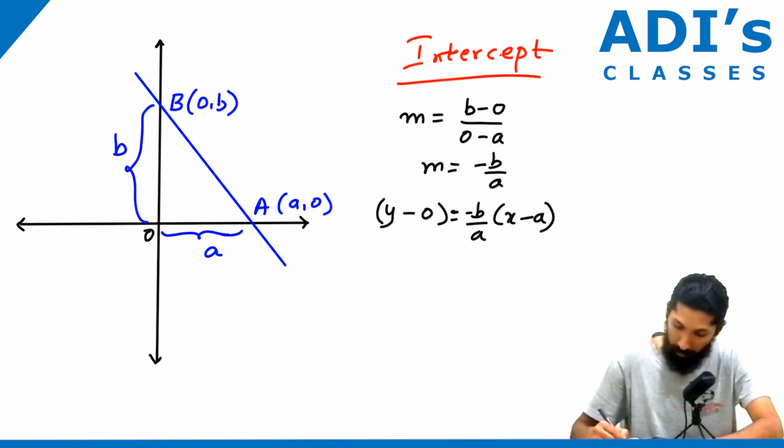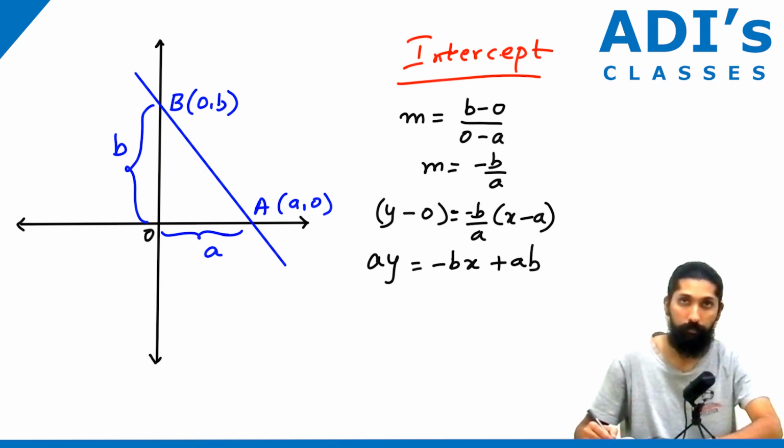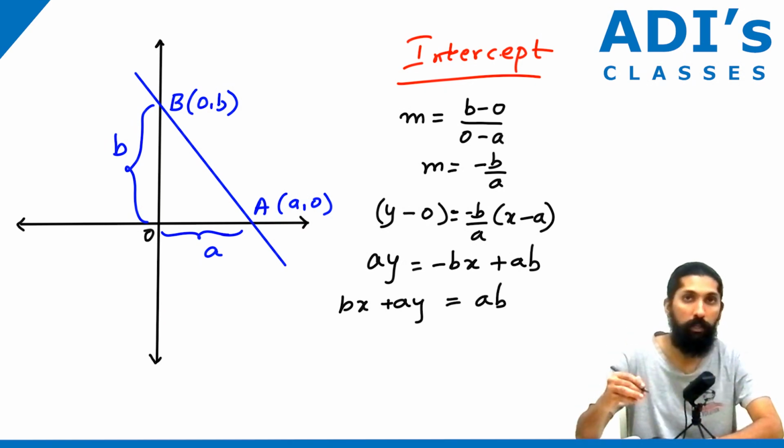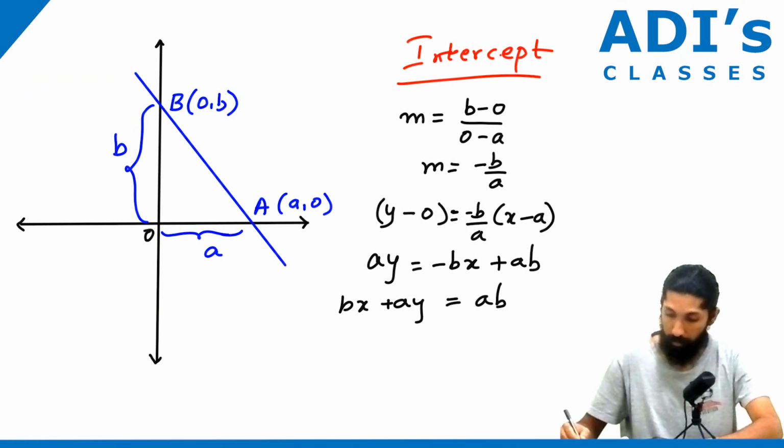Cross multiply, ay is equal to minus bx plus ab. Take it the other way, bx plus ay is equal to ab. Now divide everything by ab. That means we are dividing everything by ab.